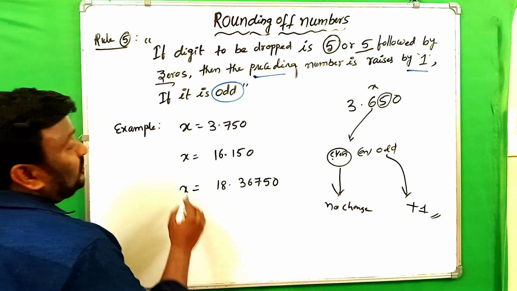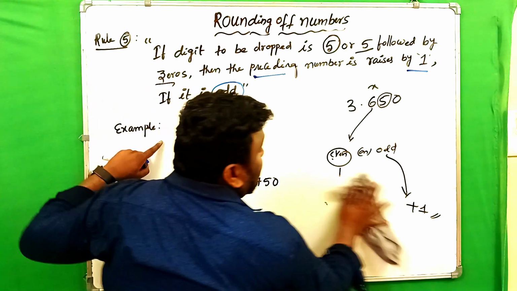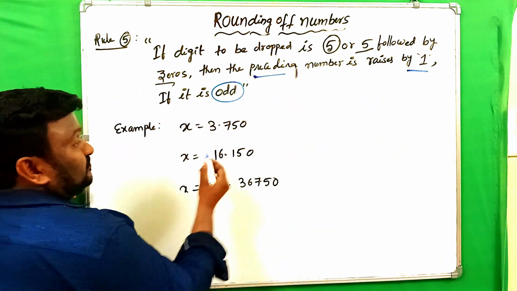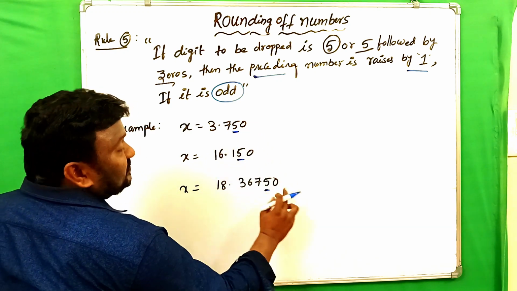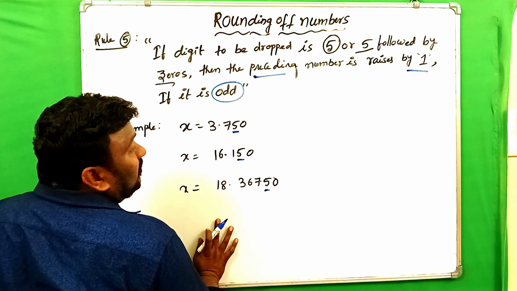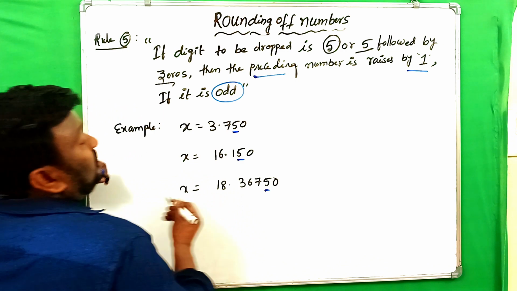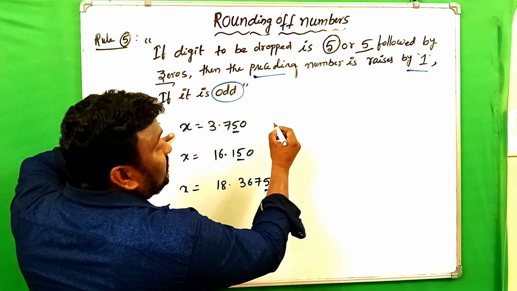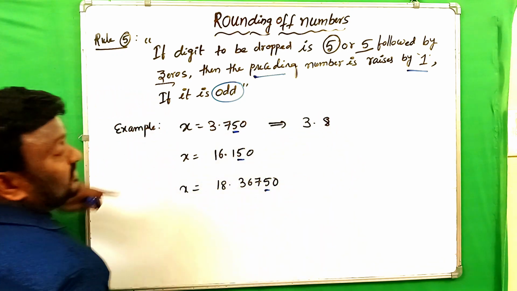See the example here, x is equal to 3.750. Here you have to observe that 5 is there, followed by 0, 0, 0 like that. Now we have to check whether the preceding number is odd or even. The preceding number is 7, so we write 3.8.